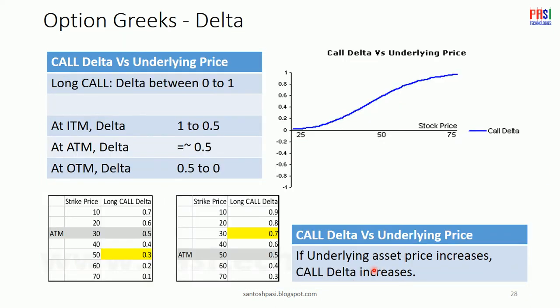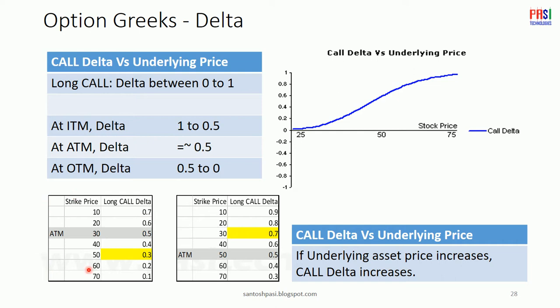So Greeks, as I told you, delta. This example is for a long call. Delta normally has a value from 0 to 1. At the top would be 1, and at the bottom it would be 0. If you go to the NSE page, the yellowish color would be 1.